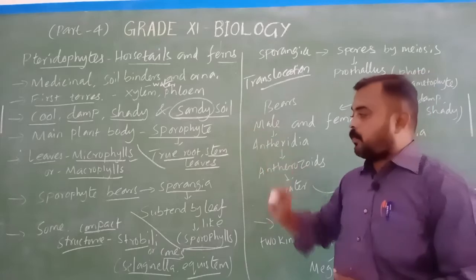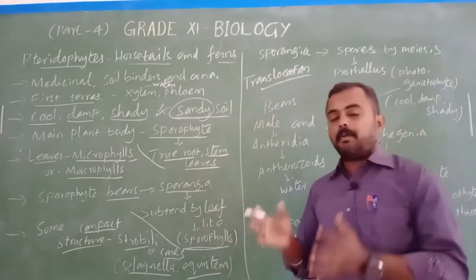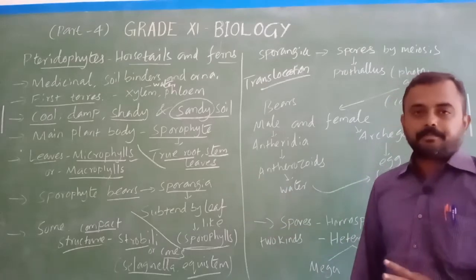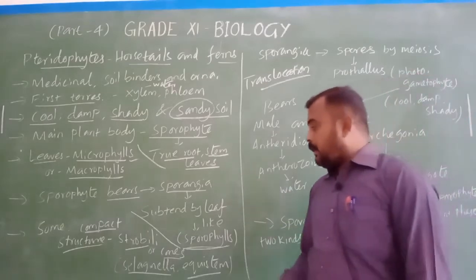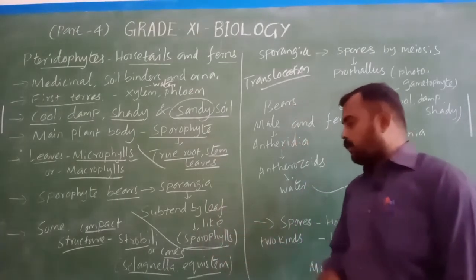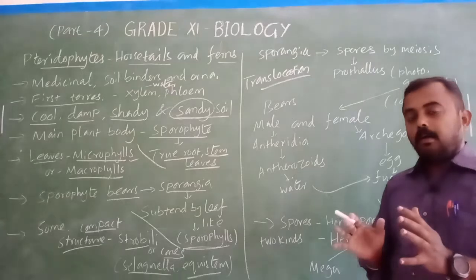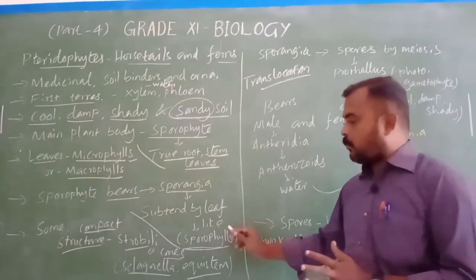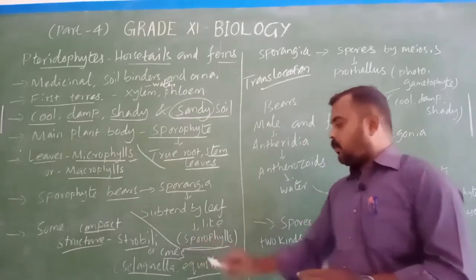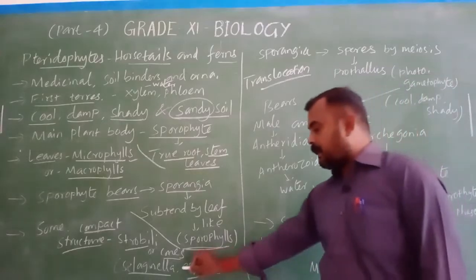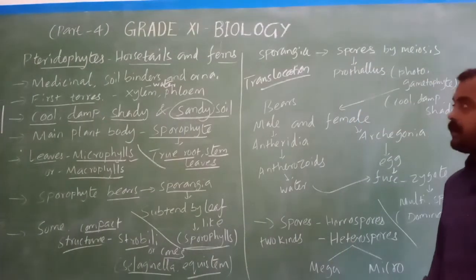Here it is the sporophyte. The sporophyte bears sporangia, present in the sporophylls, which are leaf-like structures. Then cones are also produced, in Selaginella and Equisetum.